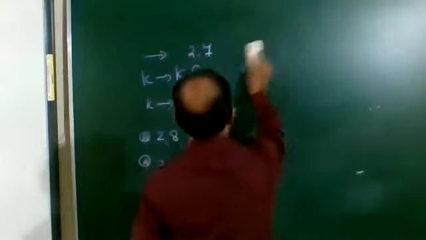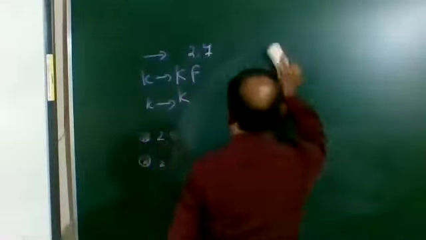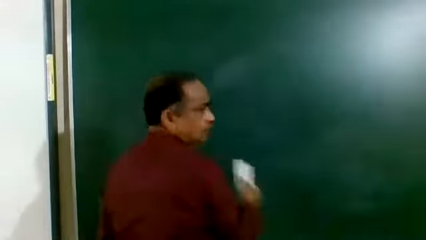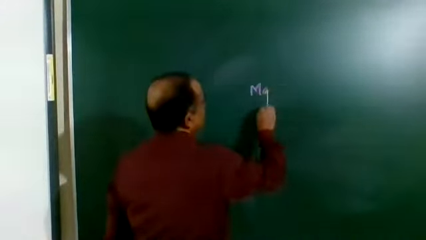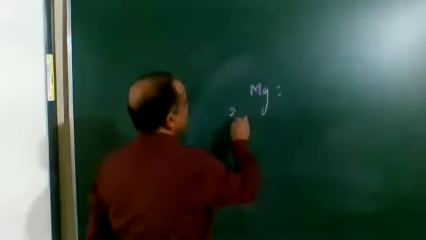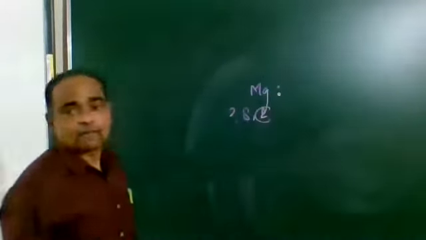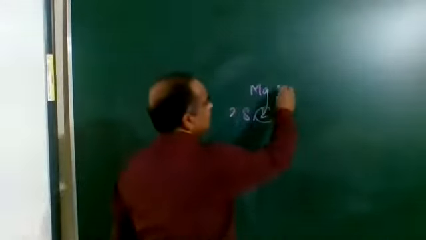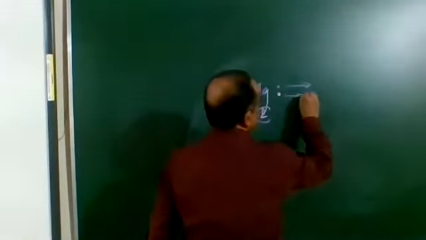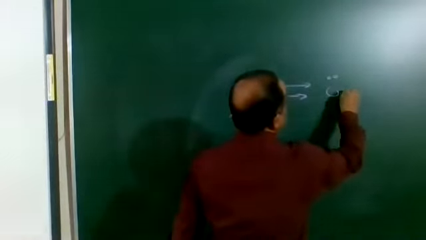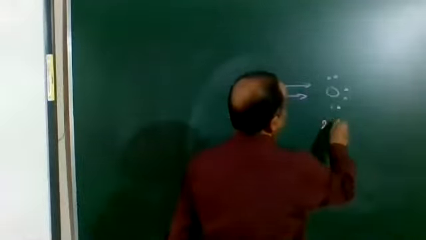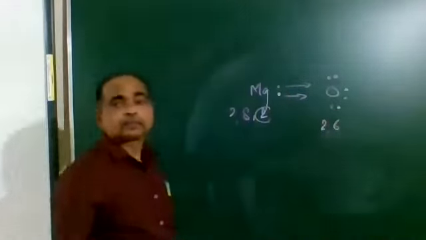If you want to study the formation of magnesium chloride or magnesium oxide, etc. Magnesium, you know, has atomic number 12 and two valence electrons, 2, 8, 2. So these are the two valence electrons. If it has to react with oxygen, you know oxygen has 6 electrons in the valence shell, electronic configuration 2, 6.